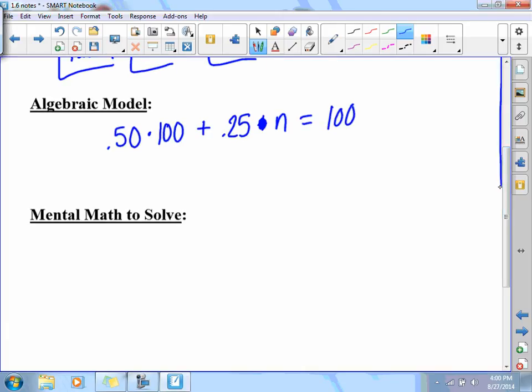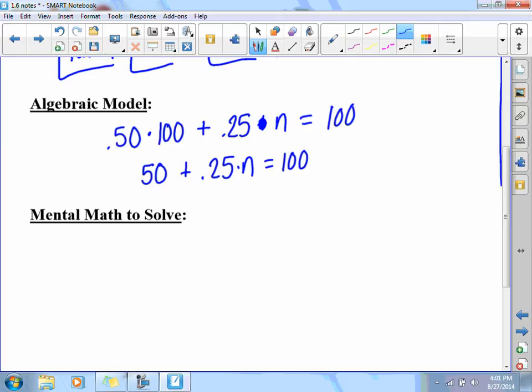So now let's simplify this a little bit. Let's take that 50 cents times 100. So that's $50. So we earned $50 just by selling the tacos. Now, I just want to know the number of sodas that were sold.